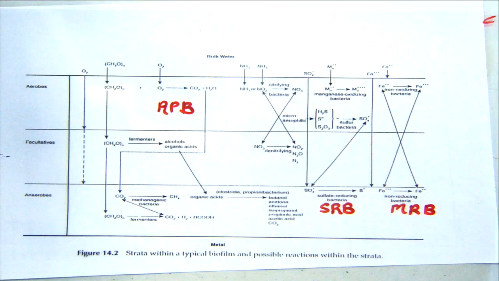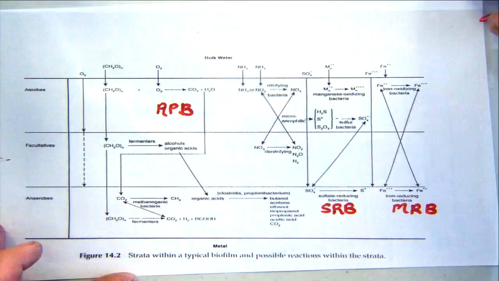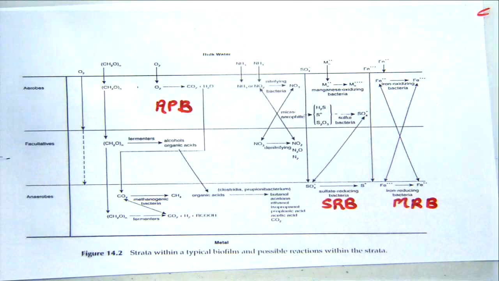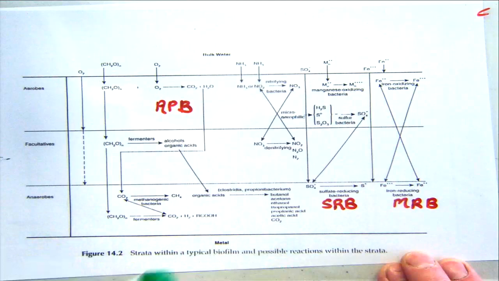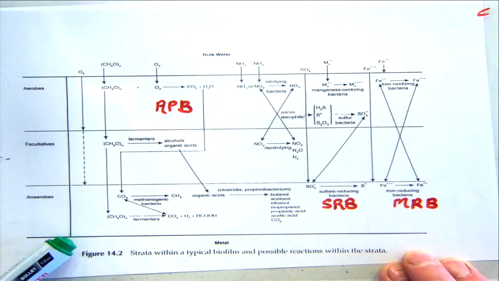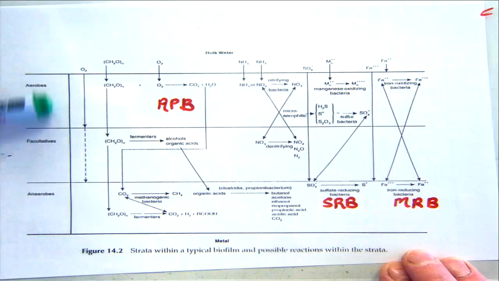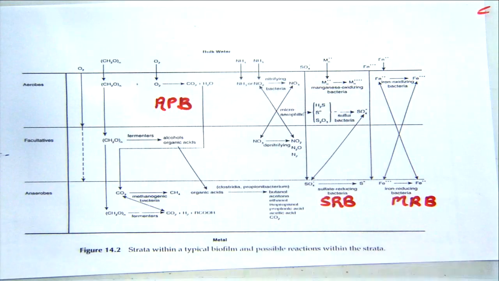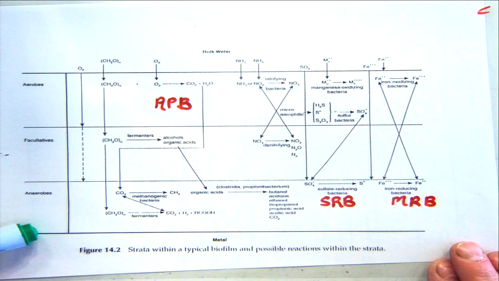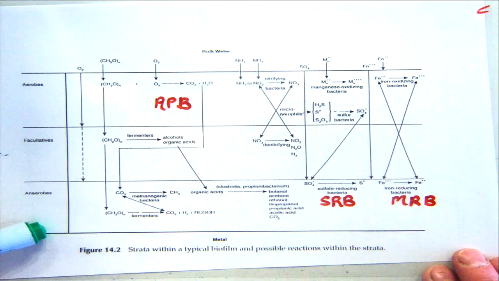What I've labelled on there are some acid-producing bacteria. So these are aerobic, they're generating CO2, and the CO2 will go to produce organic acids. I've also labelled some sulfate-reducing bacteria. On this slide they talk about iron-reducing bacteria, but that tends to be broadened out into metal-reducing bacteria.